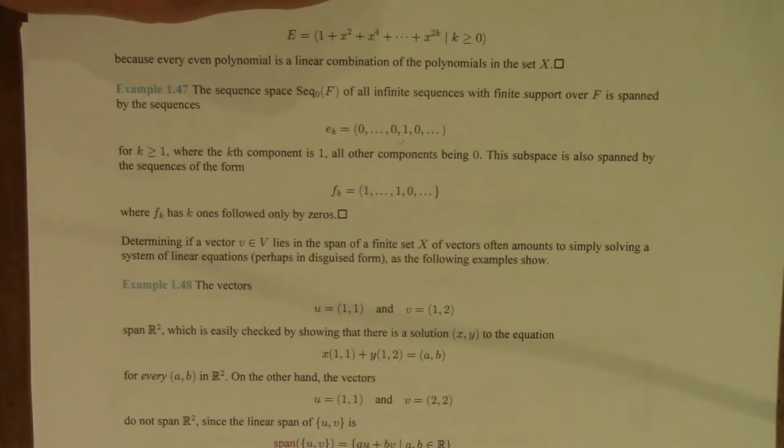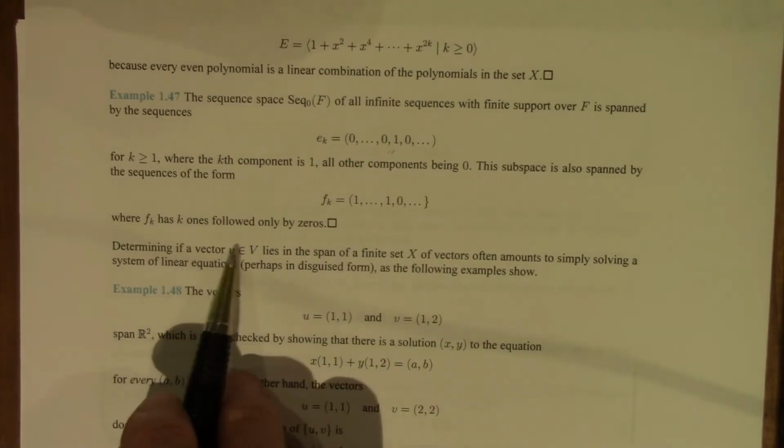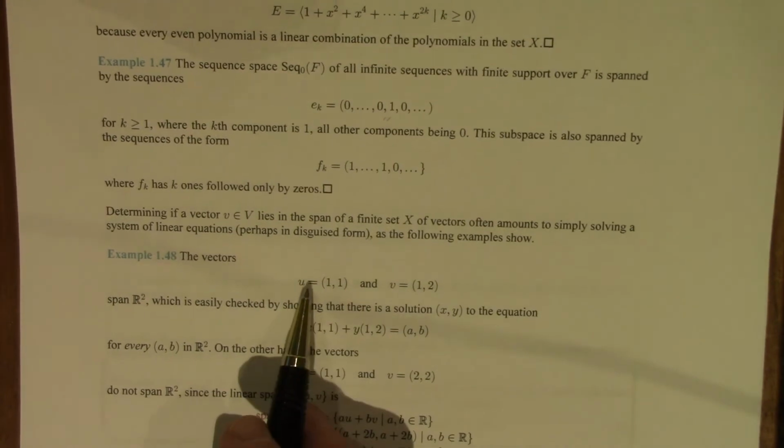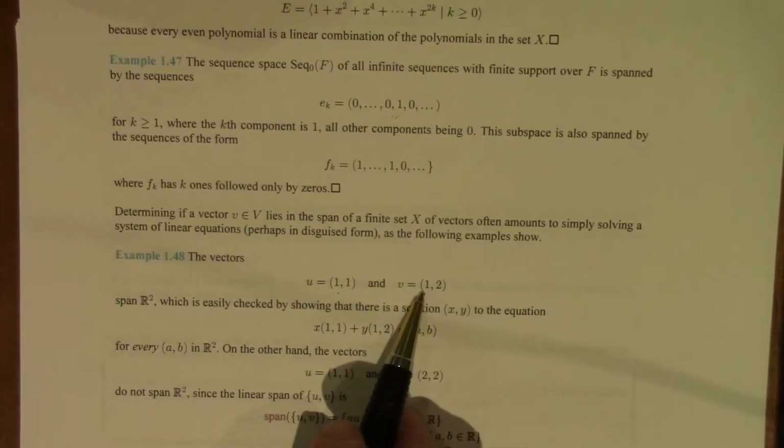Determining if a vector lies in the span of a finite set, anyway, of vectors often amounts to simply solving a system of linear equations, even though it may be in disguise. Let's look at a couple of examples. Consider these two vectors.